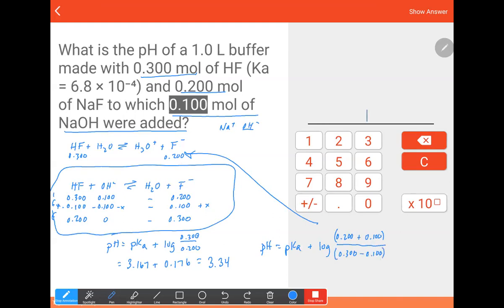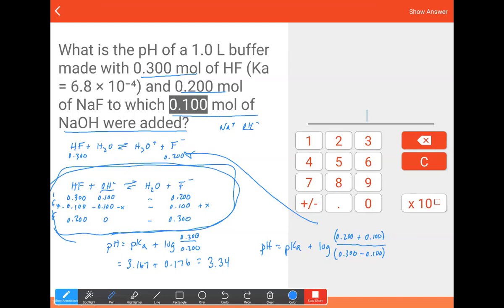Same thing, and I think this is how they'll show it when we look at the answer, but this indicates the change without writing out this large ice table. There are other problems where it'll actually want you to write out this ice table with the reaction of OH minus, and then you will have a second table, which is the other way to solve it.